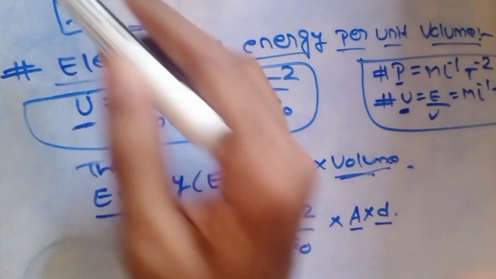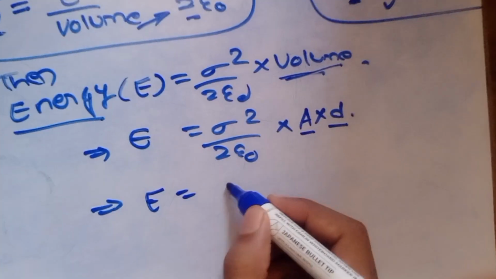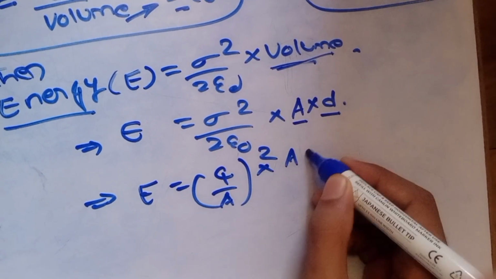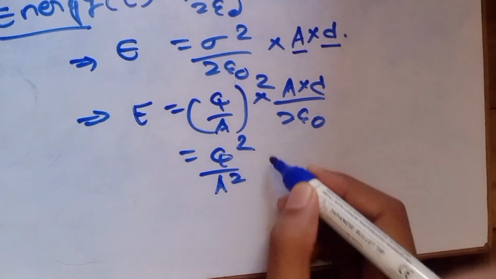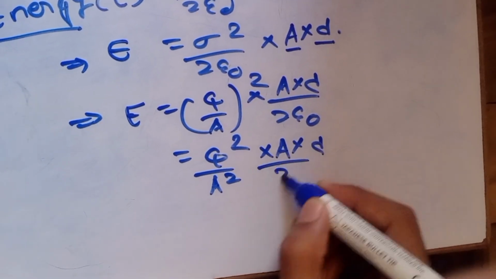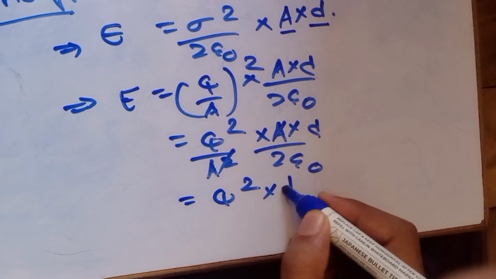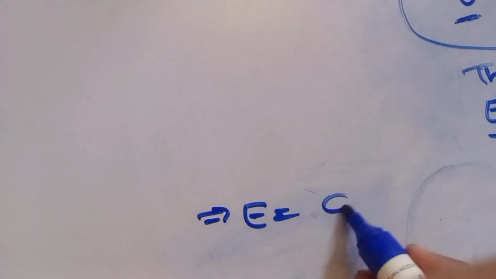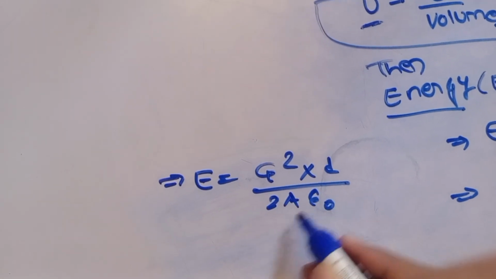So E equal to, you can also write sigma as Q divided by A, whole square, into A into d divided by 2 epsilon naught. So Q square divided by A square into A into d divided by 2 epsilon naught. This cuts this, and Q square into d divided by 2A epsilon naught.